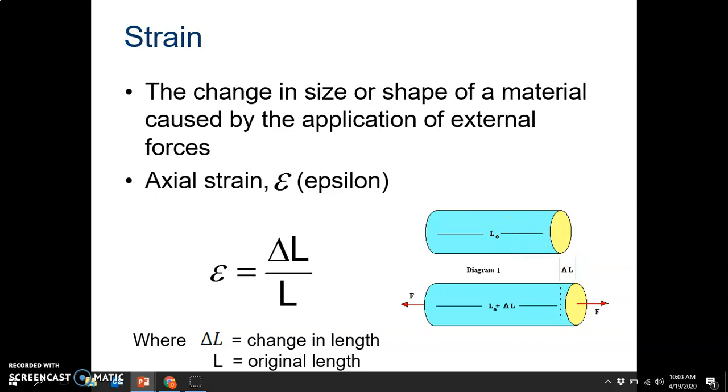So strain is actually a ratio. It's technically unitless, but we prefer to say inch over inch. So this would elongate 1 inch per 7 inches, or whatever 1 over 7 is. I don't remember that one. 0.14 or something. So 0.14 inch for every inch of length. Let's go to another example.